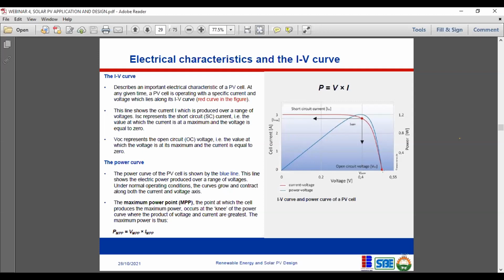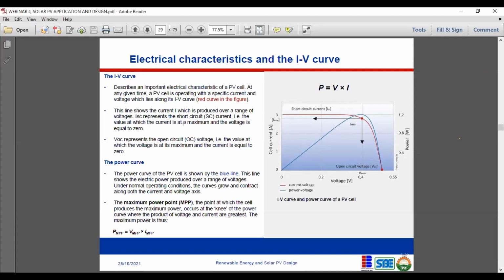Now, this point that has a red tip here is the point we call open circuit voltage. Whereas this point where the current is highest is where we call short circuit current, ISC.